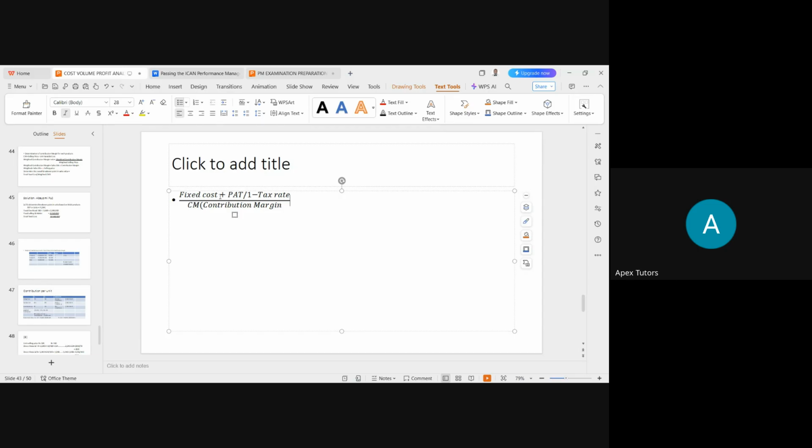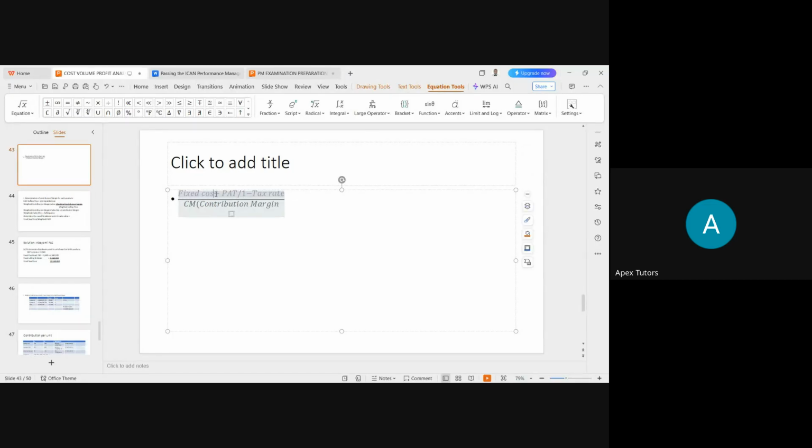So from what we've solved, the fixed cost is what? The fixed cost is 11,016,000.